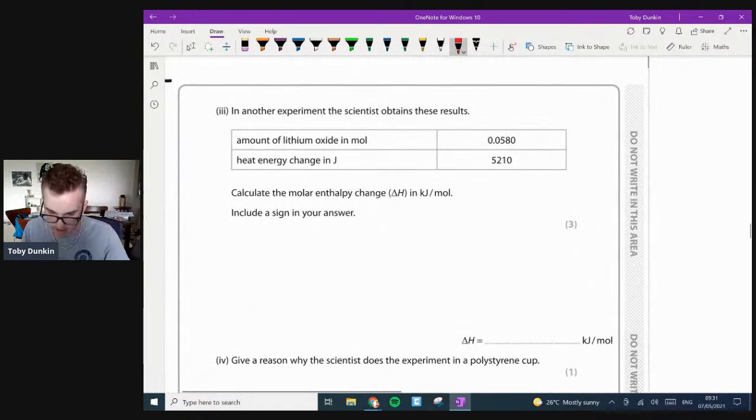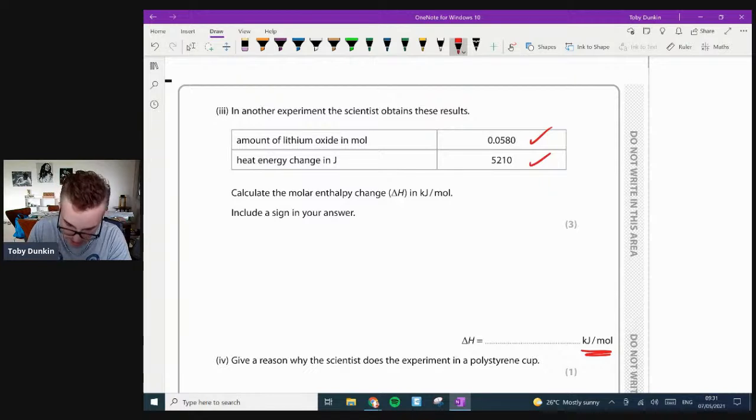Next, in another experiment, the scientist obtained these results: the moles of lithium oxide and the heat energy in joules. Calculate the kilojoules per mole, the enthalpy change. So Q equals mc delta T is point number 1, which they've already done for us, hence this number.